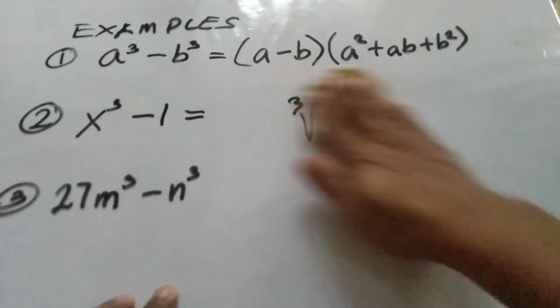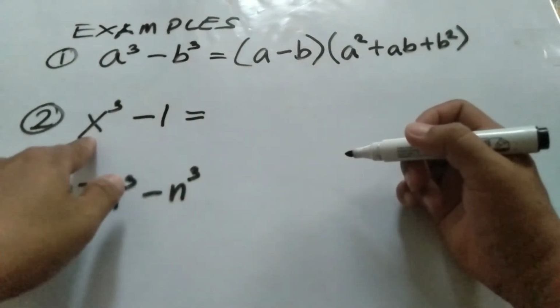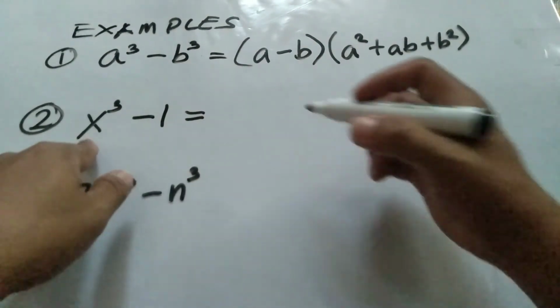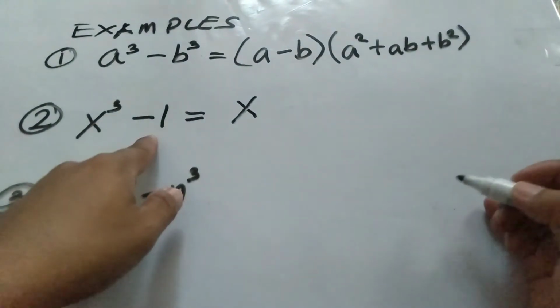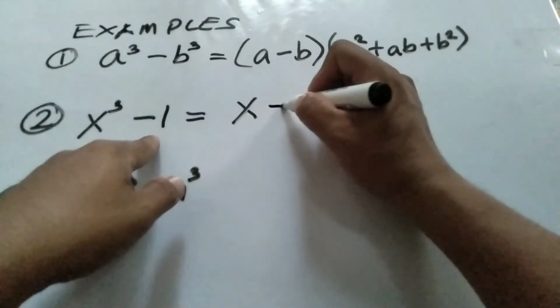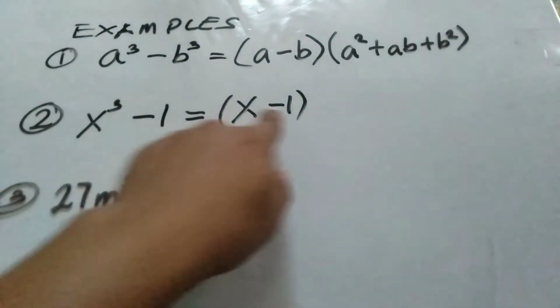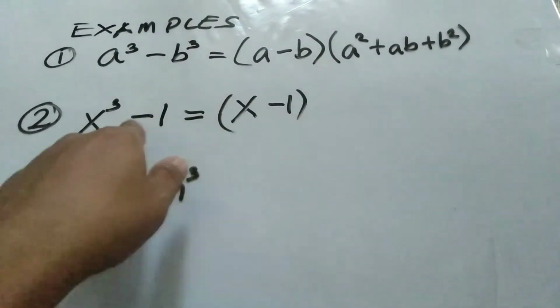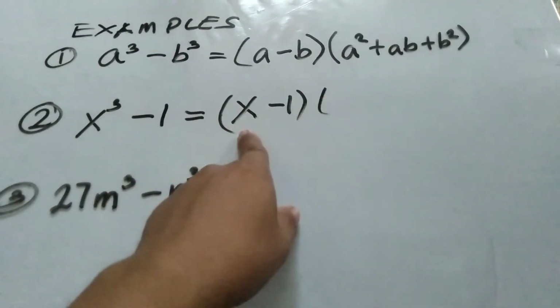Okay po? So, next. Cube root ng x cube, cube root the first term, cube root the second term. Cube root ng x cube, that is x. Cube root ng negative 1, that is negative 1. Or cube root ng 1, then follow or copy the sign. Okay, next. Square the first term.